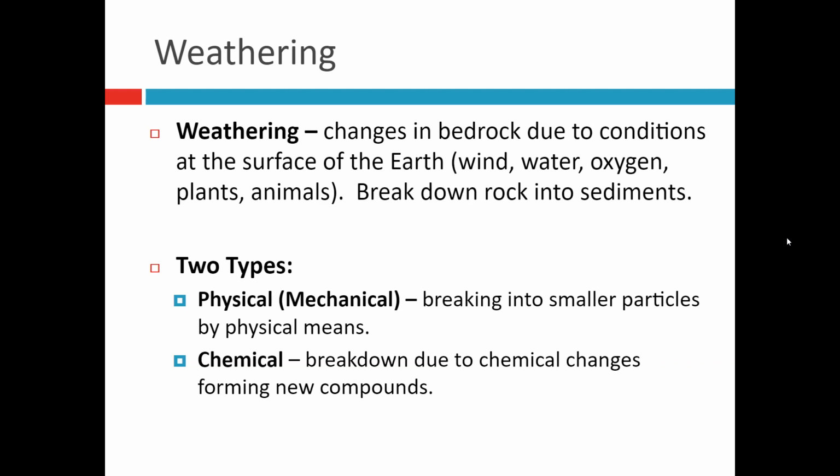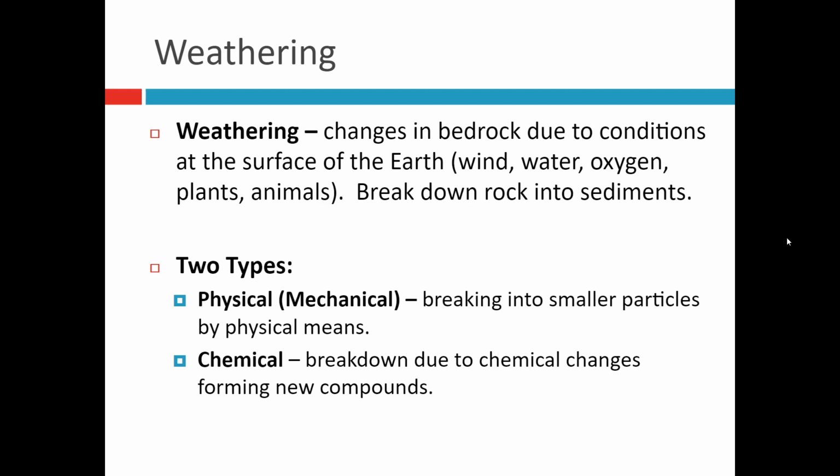So we're breaking them down, and notice where this is happening. It's happening at the surface of the earth due to the conditions that exist at the surface of the earth, with the relationship between rocks and the air, with water, with plants and animals. Those things are going to cause a breakdown.